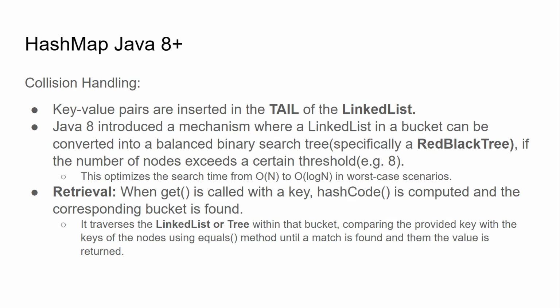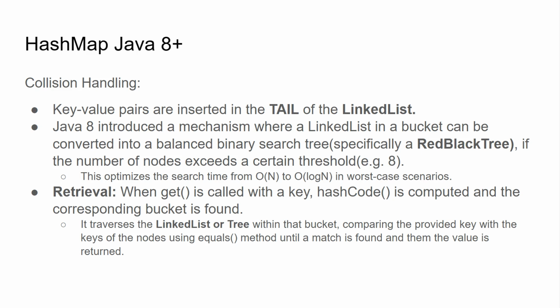Post Java 8, the collision handling is different, especially because the key value pairs are inserted in the tail of the linked list, because before Java 8 they were inserted in the head of the linked list.